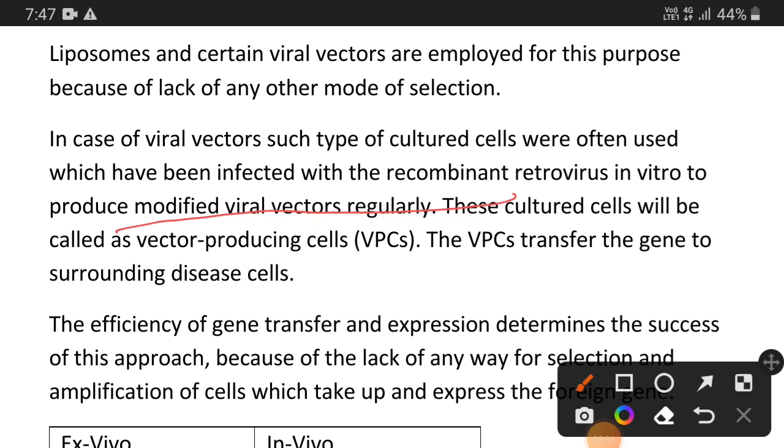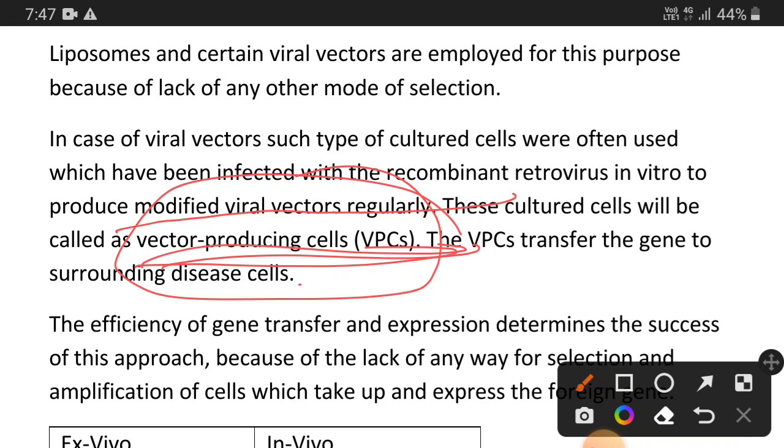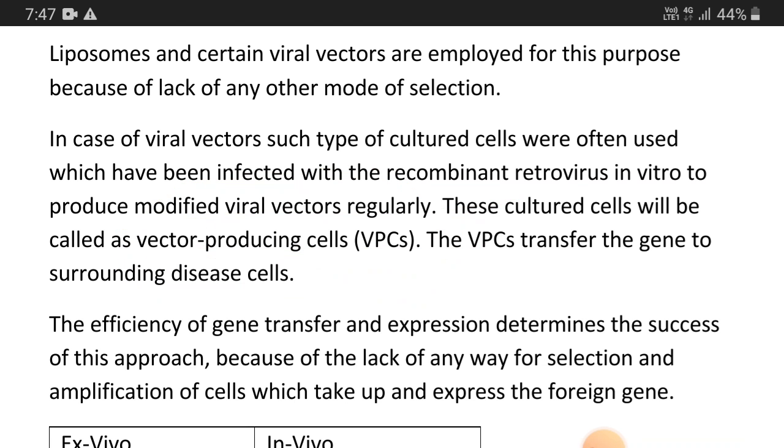So this cultured cell is called a vector producing cell, and that's why the name. This vector producing cell will allow transfer of the gene surrounding the disease cell.